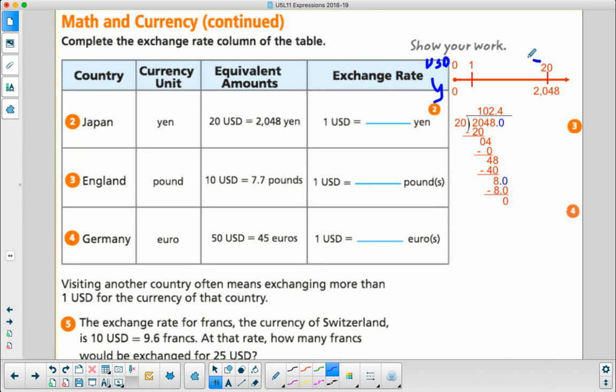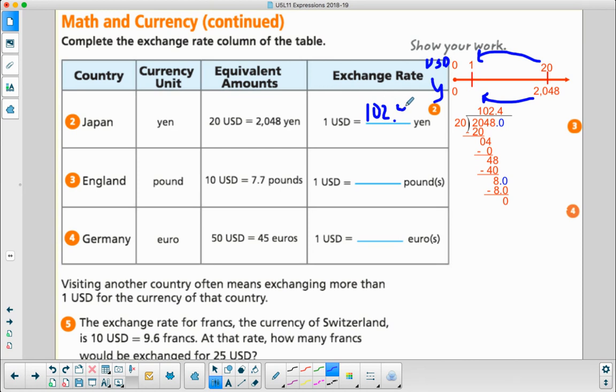So to go from 20 down to 1, I have to take the 2,048 and divide by 20. Each one of these is going to get broken into 20 equal parts. When I divided, again, I had to attach a decimal and 0. It's still 2,048, and I got 102 and 4/10.